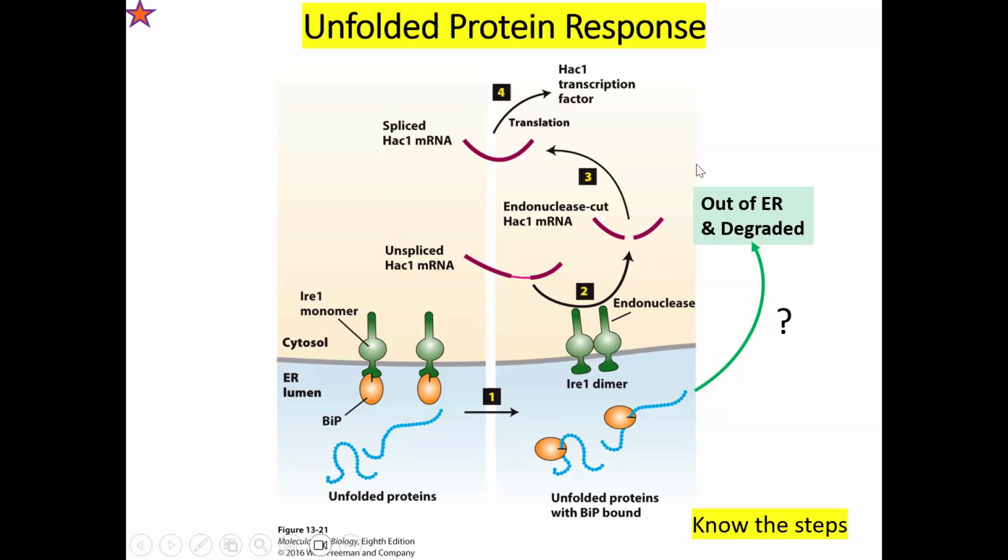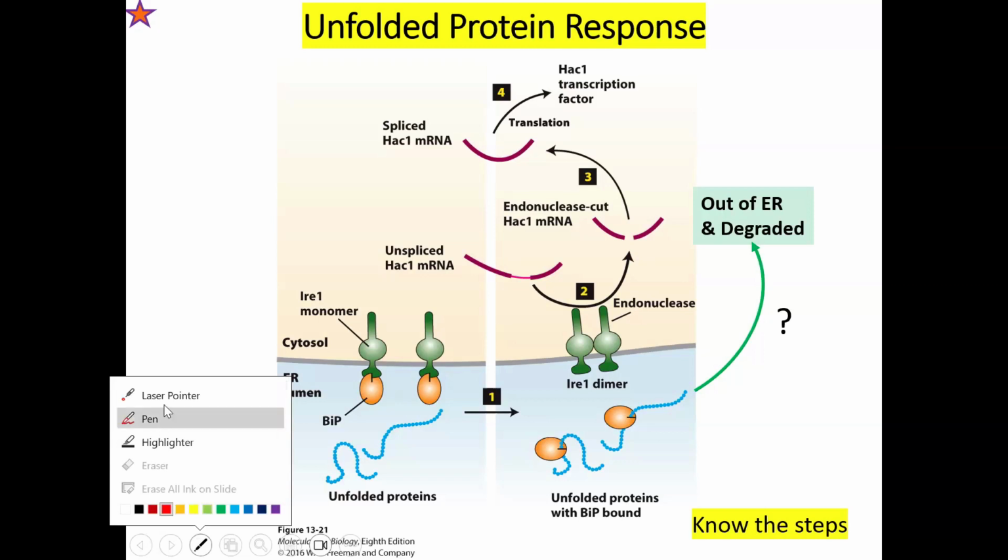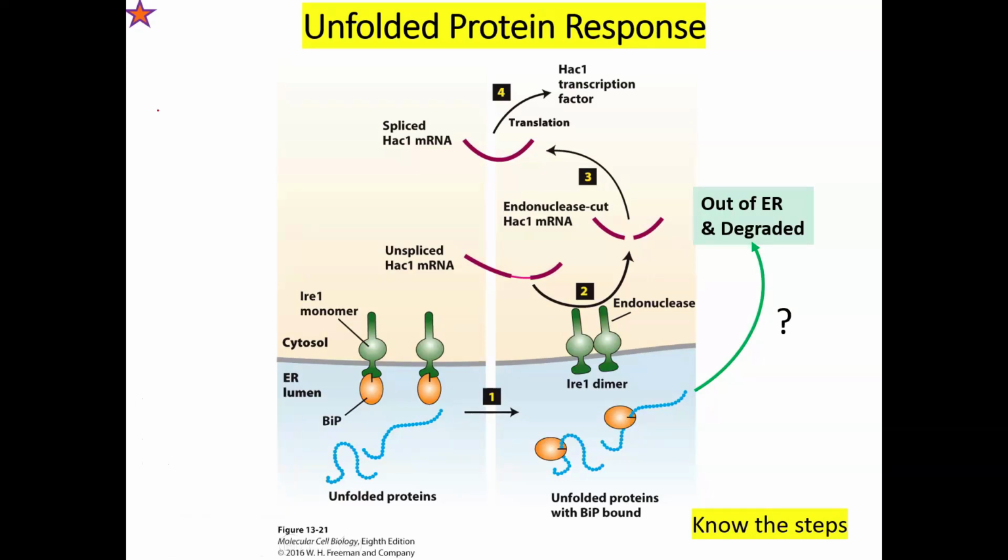Now this part, a lot of people actually confuse, and this is where your basic idea of DNA replication, transcription, and translation comes in. So in the cytoplasm, you have this HAC1 mRNA. Now, if you remember from a little bit of basic knowledge of transcription, in eukaryotes, mRNAs are not produced as mature mRNAs.